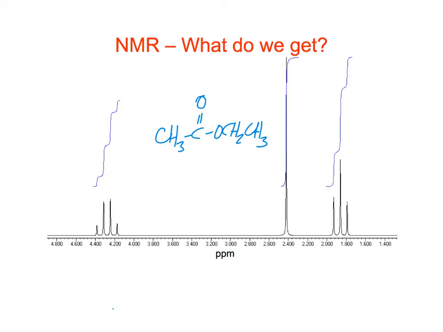Water usually shows up between 2 and 2 point something, and sometimes that 2.4 gets smushed with the water. What solvent is this in? Well, it depends where the water peak is on what solvent you're in, right? So usually, if you're in deuterated chloroform, then the water peak is at 1.5 or something like that.